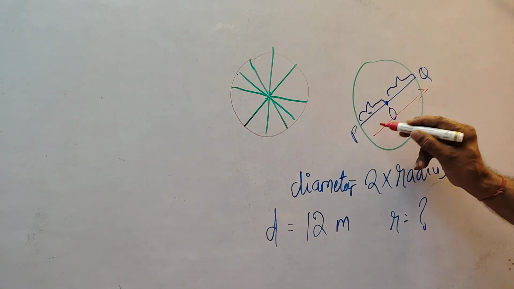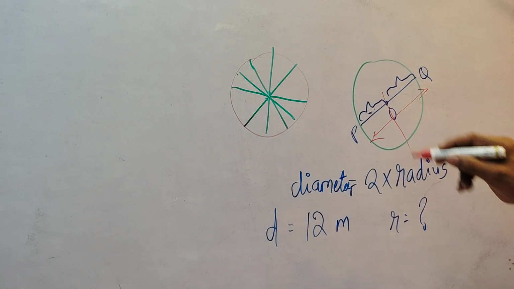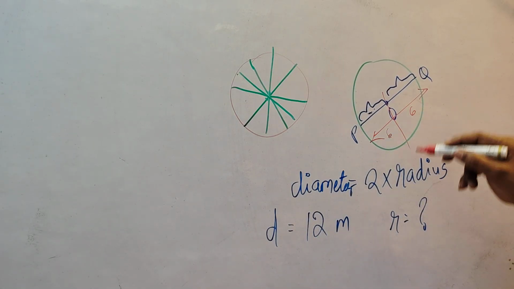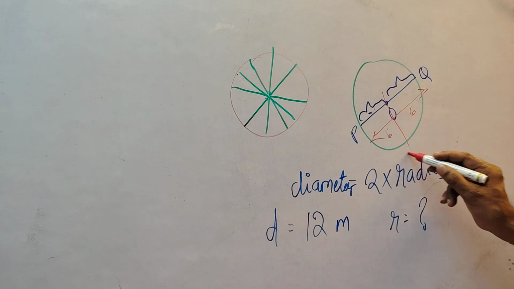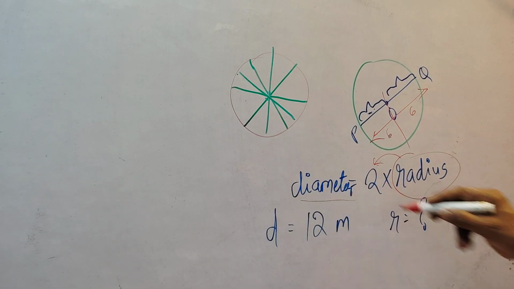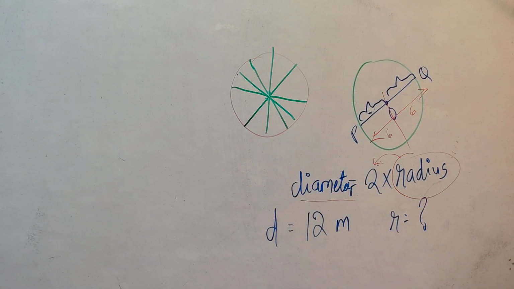This is the 12 length. Then what is half of this 12? Yes, both sides are 6, 6. That's why it is 12. So 6 doubled is 12, because the diameter is 12 as given. We can check this answer.